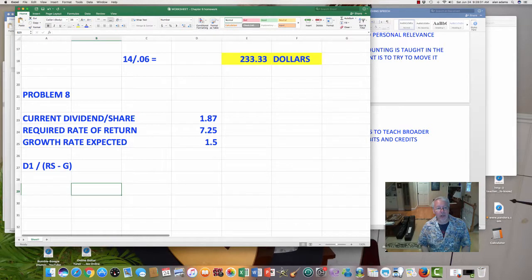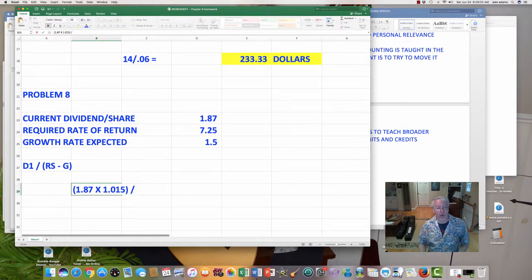So we're going to take the current dividend per share, 1.87, and we're going to grow it by 1 more year at the growth rate expected. That is going to be 1.015, 1.5%. 1 more year of growth. You derive what that dividend will be by multiplying it by 101.5%, or 1.015.